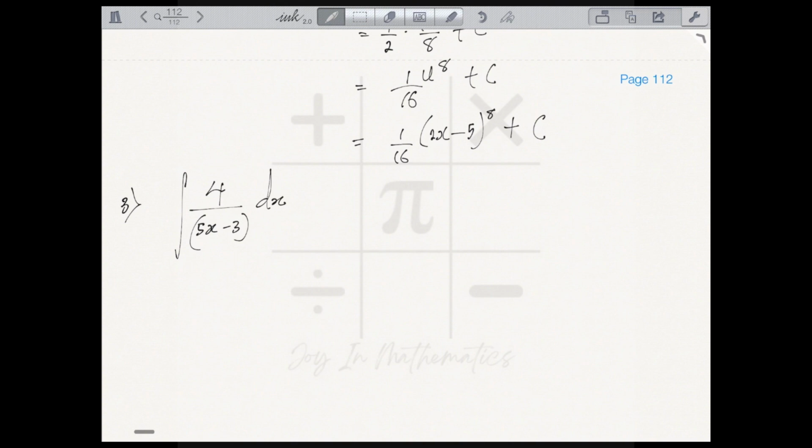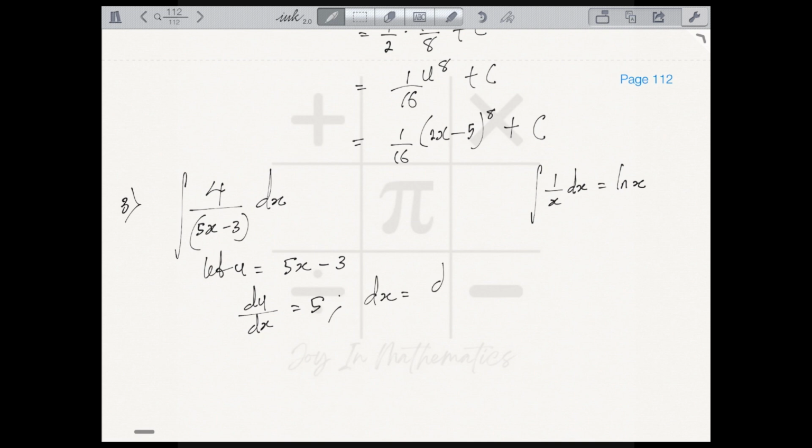Now, this is similar to integrating 1 over x with respect to x, and this will give us ln x. So let u be equal to 5x - 3. We can evaluate du/dx to give us 5, and making dx the subject, we have it give us du over 5.